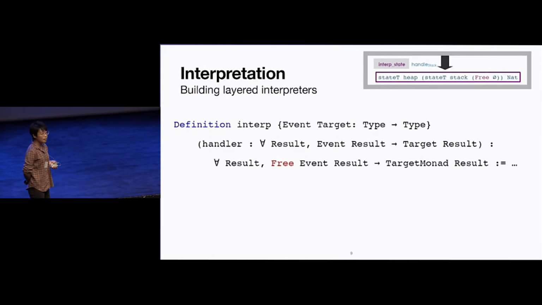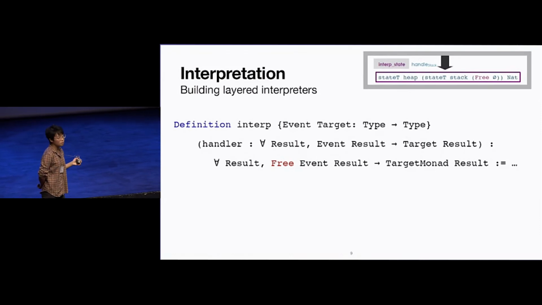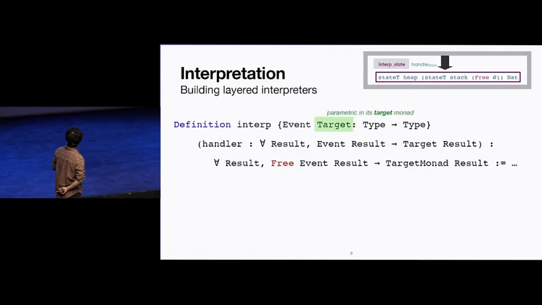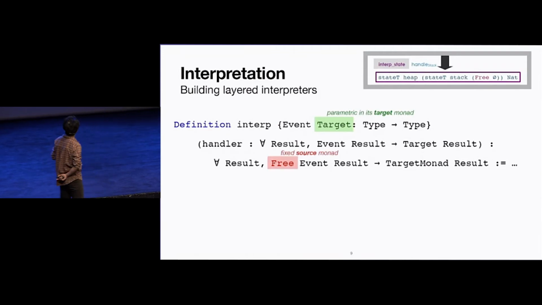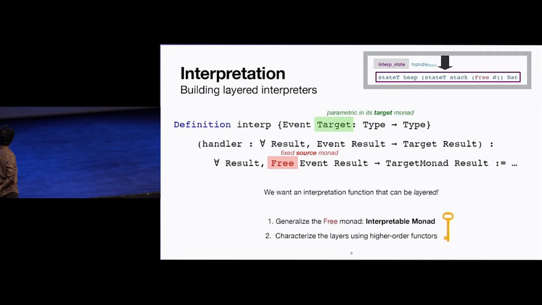So given a handler that can give you a semantics for each of the events in your program, you can take some free monad that has these events, and then interpret it into your target monad. And the problem here is that the interpretation function is parametric in its target monad, but it's not parametric in the source monad. It's fixed here. It's exactly the free monad.